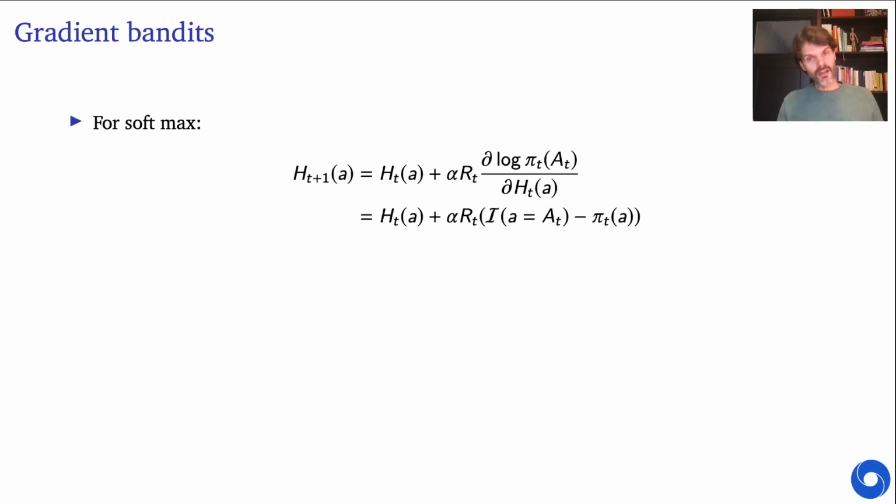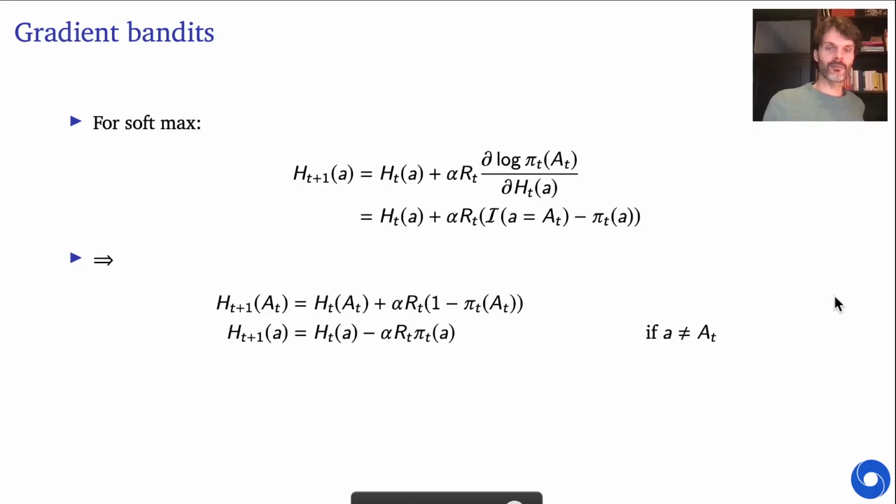And this gradient, the logarithm of the probability of selecting A_t with respect to the preference of action A, turns out to be this quantity below, which is 1 minus the probability of selecting the action if the action is equal to the one that you've selected, and otherwise it's just minus the probability.